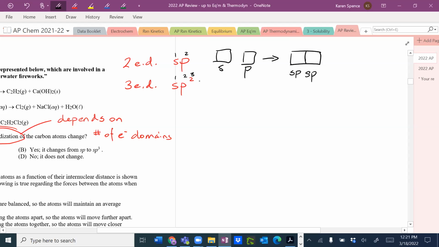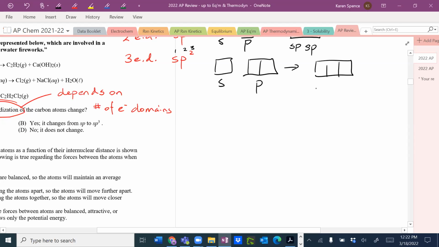Whereas if we have sp2, we have an s orbital and 2 p orbitals, which have been hybridized into 3 degenerate, same energy, sp2 orbitals. That 2 at the top is not a 2 designating how many electrons, it is a 2 designating how many p orbitals are involved in the hybridization.